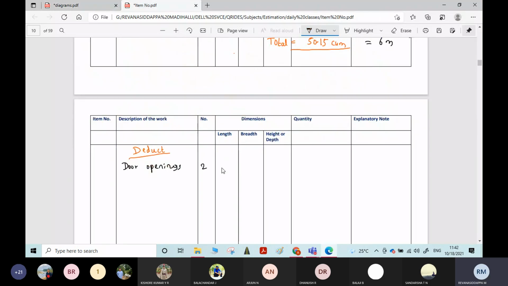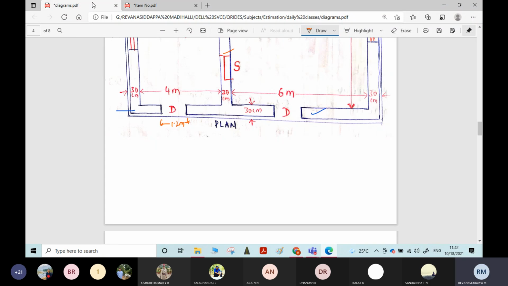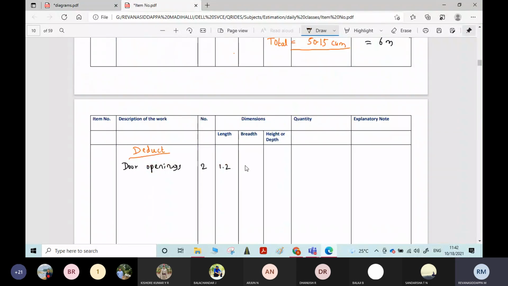What about breadth? Breadth means thickness. It is equal to the thickness of the wall, 0.3 meter only. The breadth is 0.3 meter.